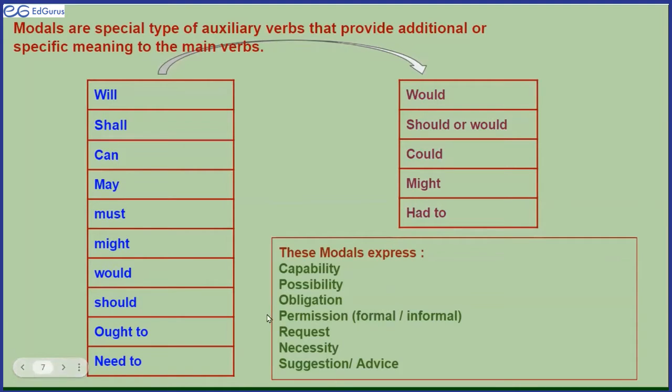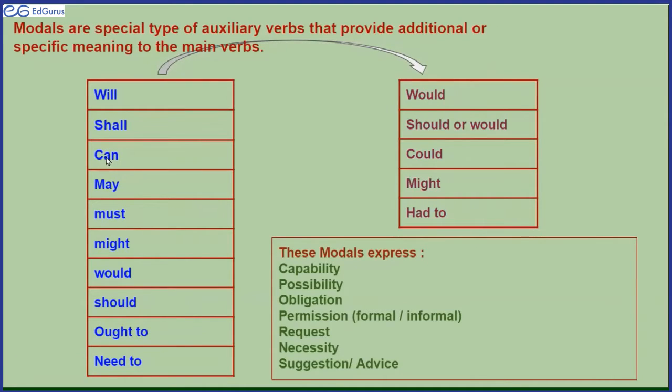Okay. Now we will discuss the rules with the help of examples also. First of all, you see here is the list in blue. Here is the list of these modal verbs. Will, shall, can, may, must, might, would, should, ought to, need to.